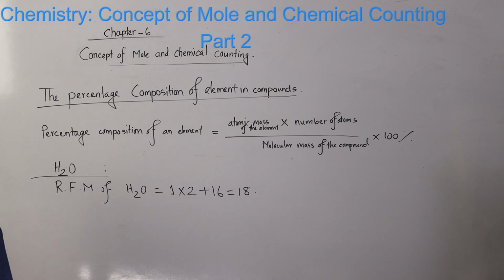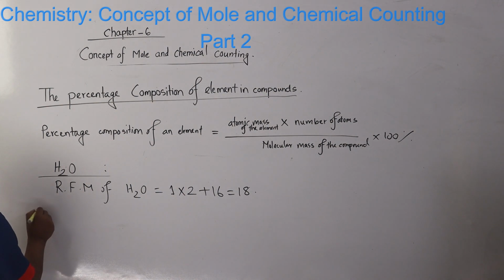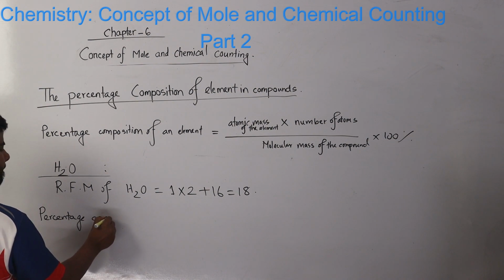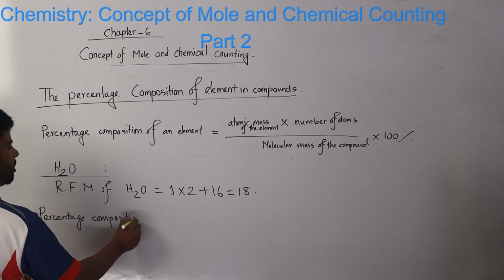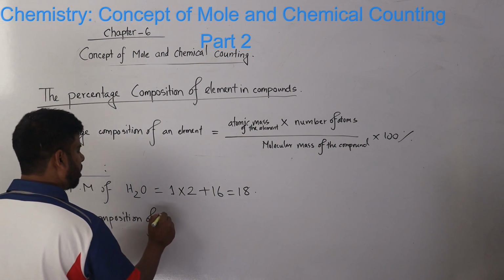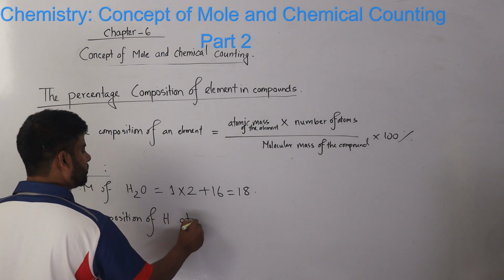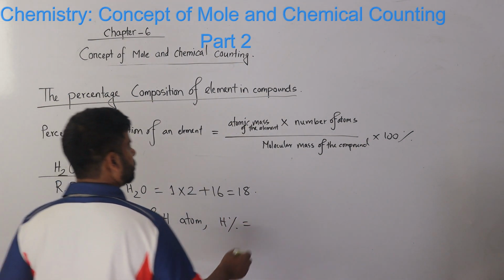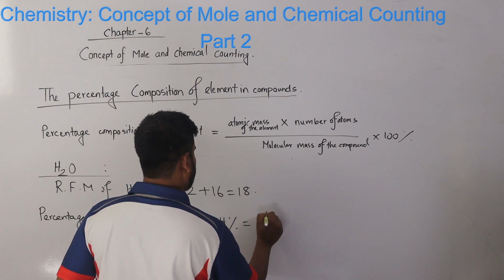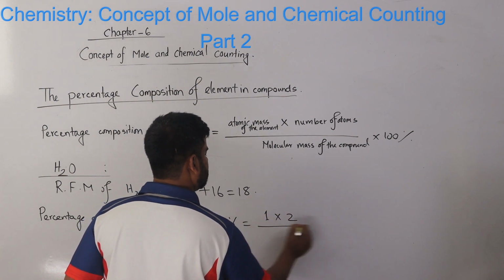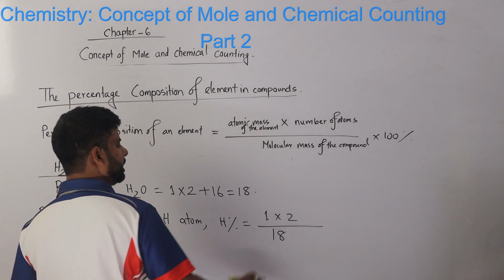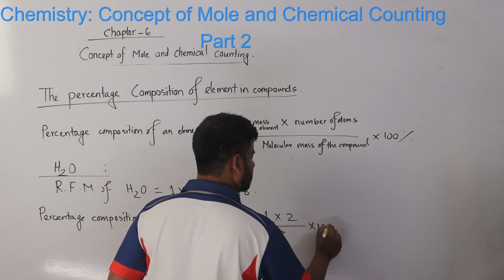If we want to calculate the percentage composition of the hydrogen atom: the atomic mass is 1 and the number of atoms is 2, divided by the total molecular mass of water, which is 18 grams, multiplied by 100%.